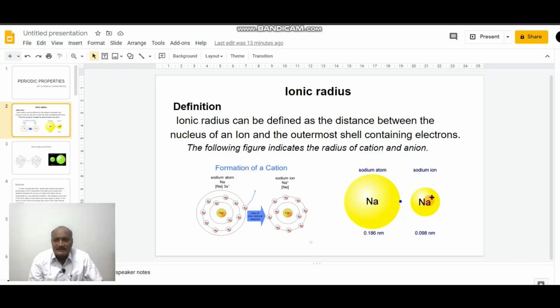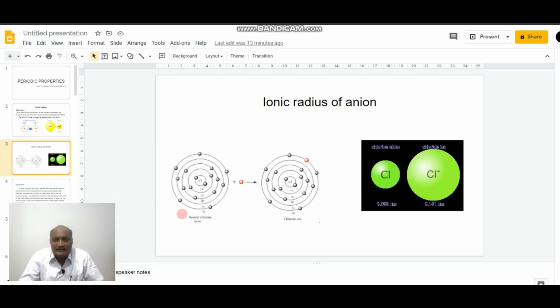So let us see one more example indicating the ionic radius of an ion. Coming to the second example, by taking an example of an ion and its radius. To deal with the anionic radius of an ion, here we have to consider a highly electronegative atom, that is the chlorine atom.